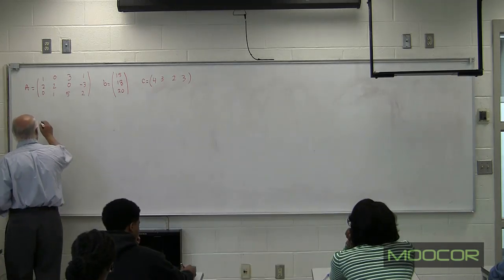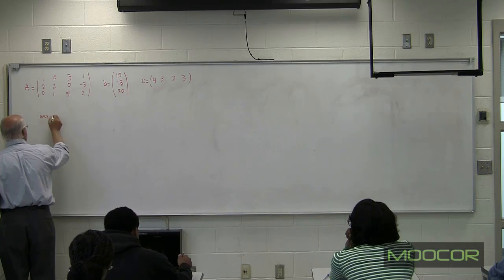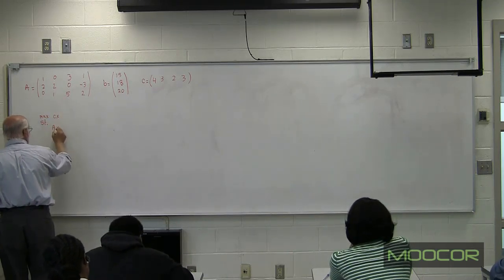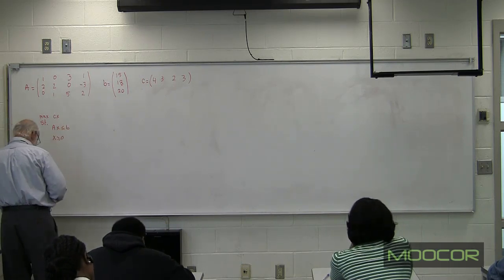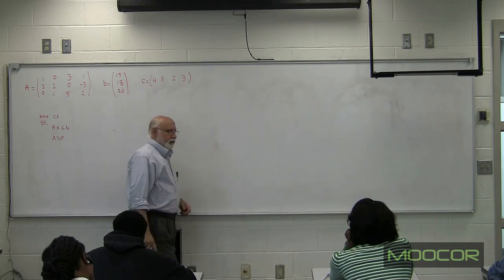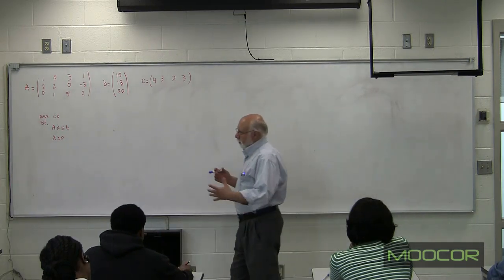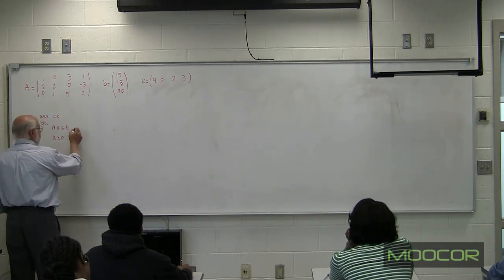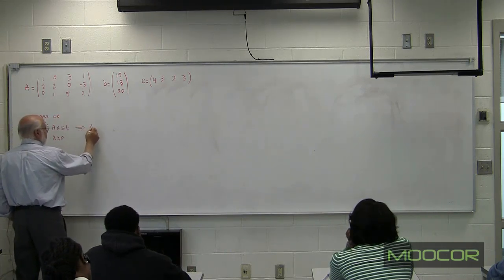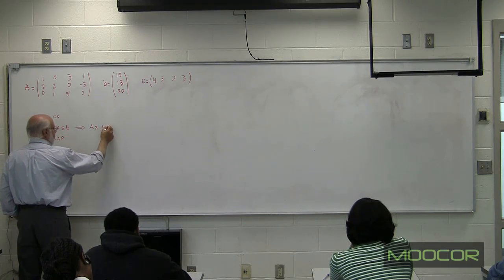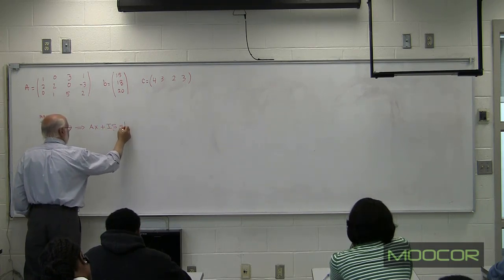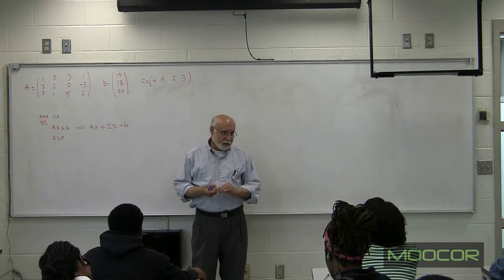The problem is in the form of maximization, so it's maximize CX subject to AX less than or equal to B, and all X greater than or equal to 0. When we convert this problem into a standard form, this changes to AX plus IS equal to B. I is the identity matrix.